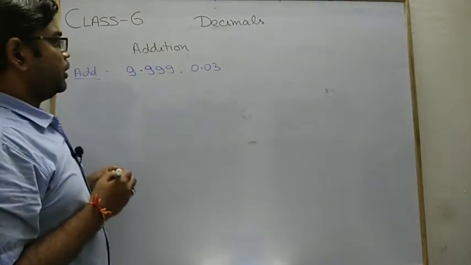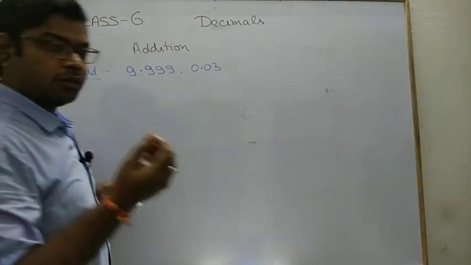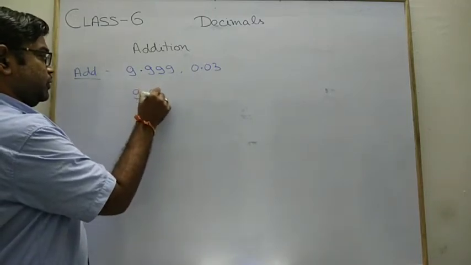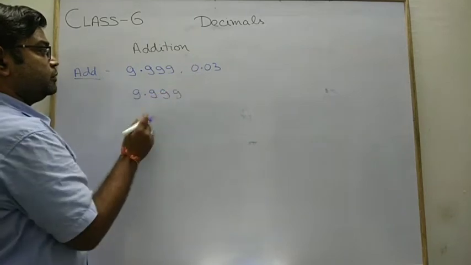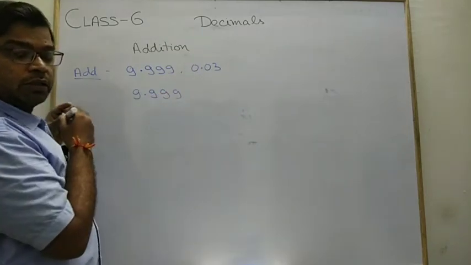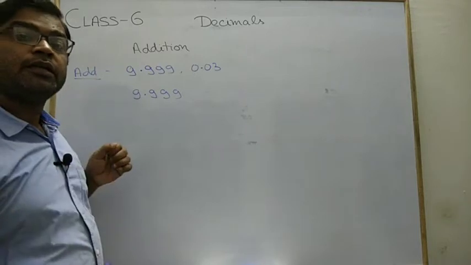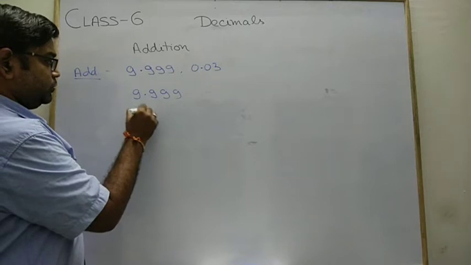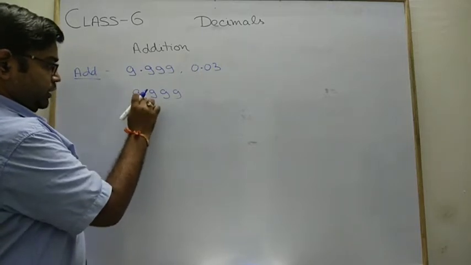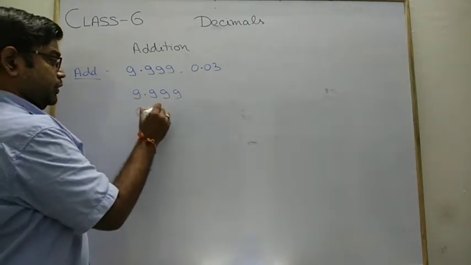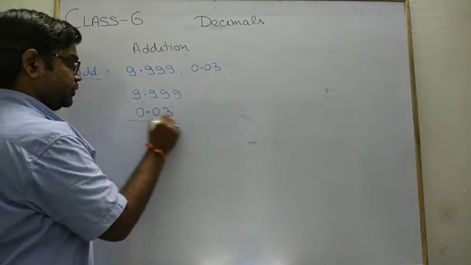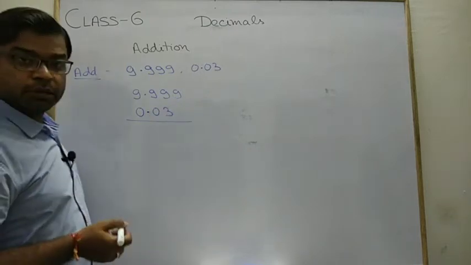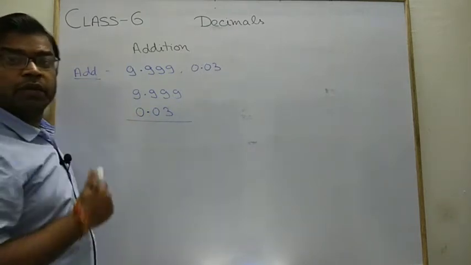Clear? How do we add? The very first and easiest method: write down the given decimal numbers one above the other such that the decimal points lie just below each other. Then 0.3 and 0.03: what we observe is that these are not like decimal numbers, so convert them into like decimal numbers.